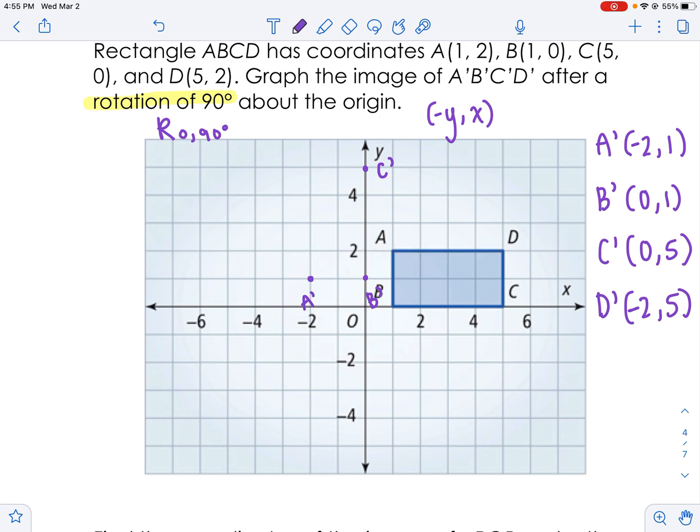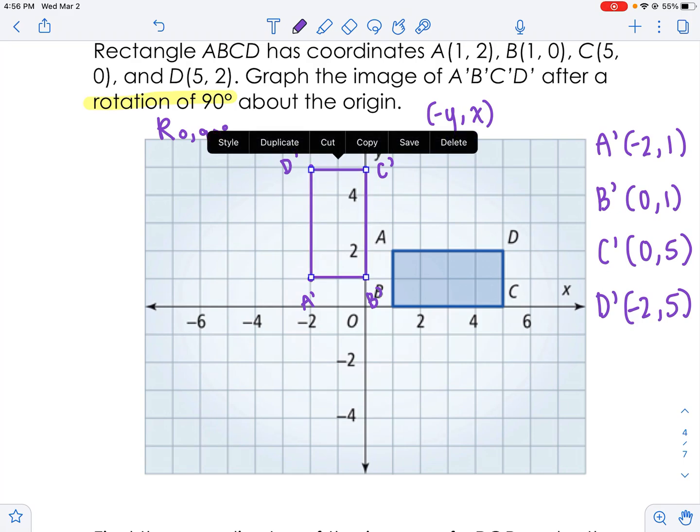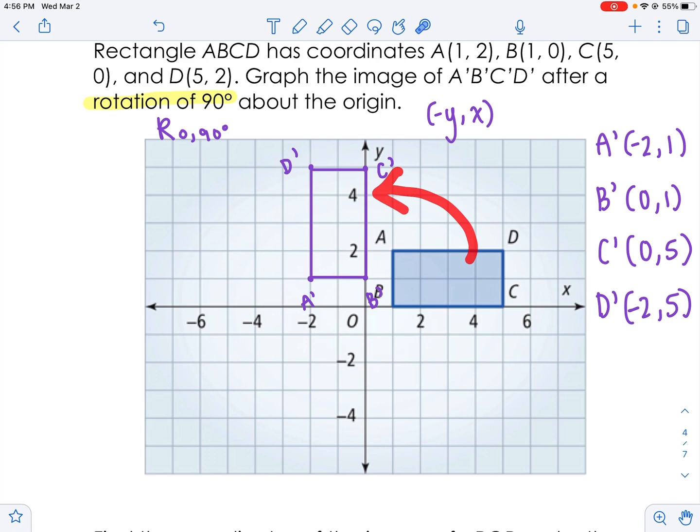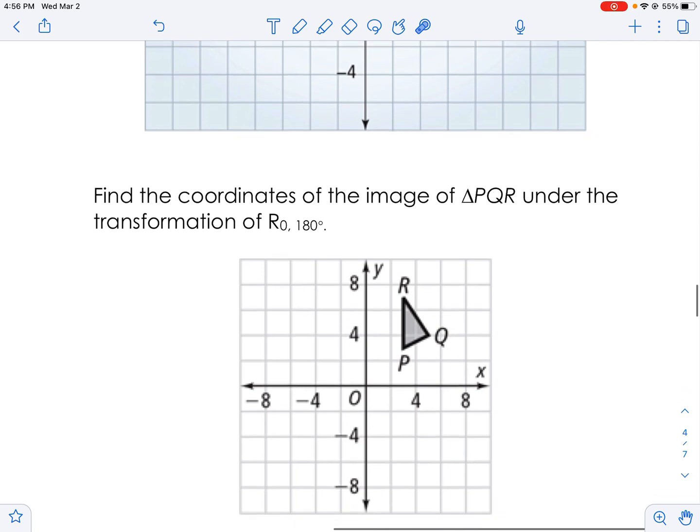And then D prime is at negative 2, 5. So asking yourself, if it's 90 degrees, it should have gone to the left 1 quadrant over, which I can check and see it did. It turned 1 quadrant over. So instead of on the x-axis, when it spun around, now it's attached to the y-axis. And that's it.